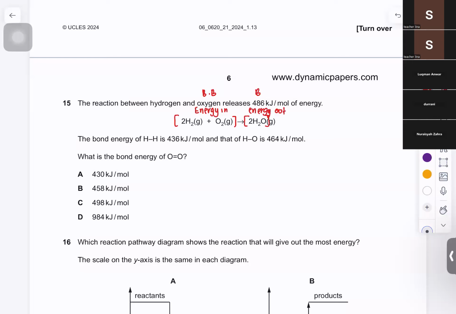That one is a bond making, BM. So the formula ni, this formula, BB minus BM. Energy in minus energy out. Okay, BB minus BM, energy in minus energy out. Right.